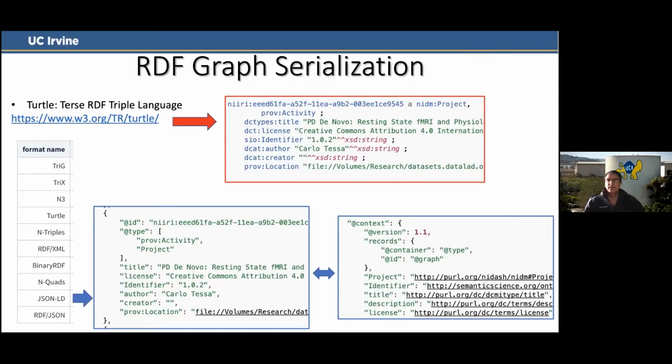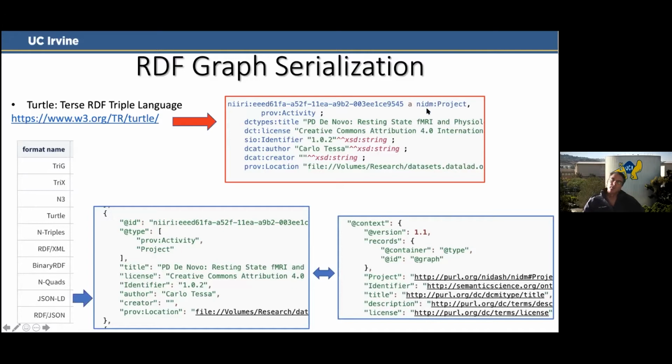The A after that is shorthand, Turtle just makes it short, but it's shorthand for rdf:type. And that's the type of whatever this thing is on the left, that's the subject. So the A is the predicate, RDF type, and whatever ends up on the right of that is the object. In this case, we're saying that this thing, NIRI, whatever, some unique ID, is a NIDM project.